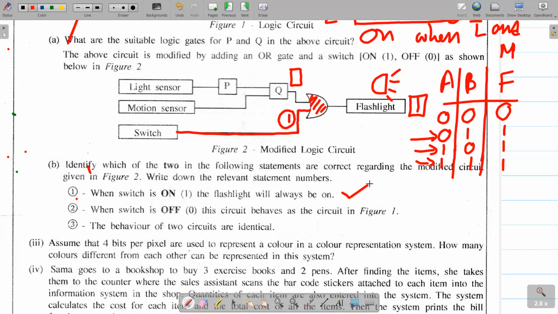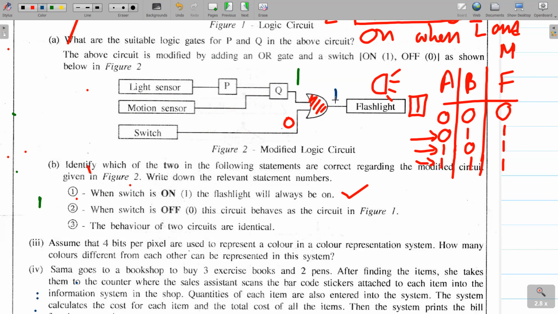And the second says when the switch is off, this circuit behaves as the circuit in the above figure 1. Right? So switch is off means you are receiving 0 at this point. So that means if you are receiving 1 from here, this is going to become 1 as well.